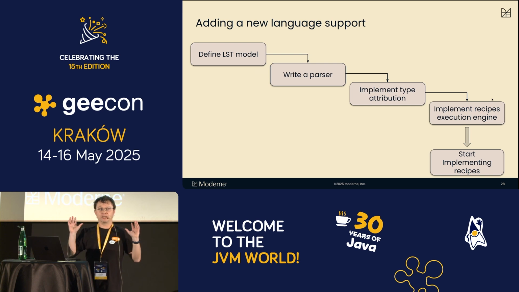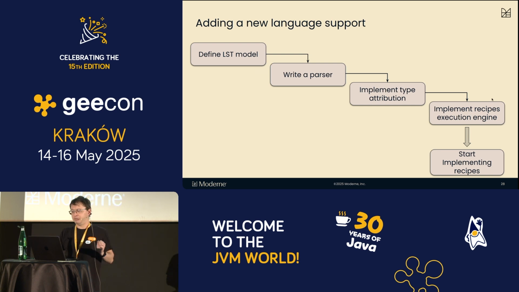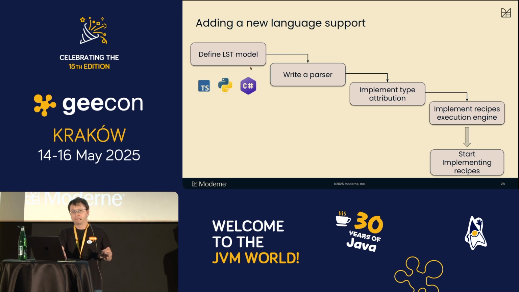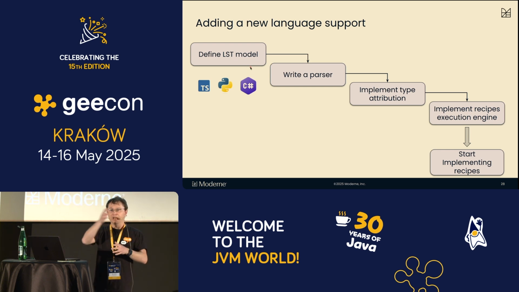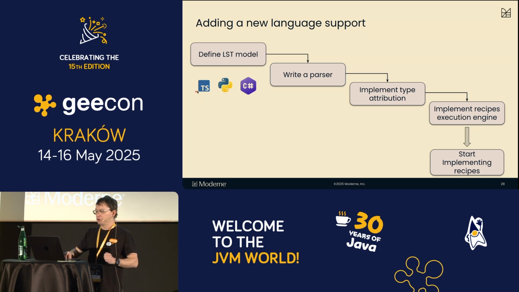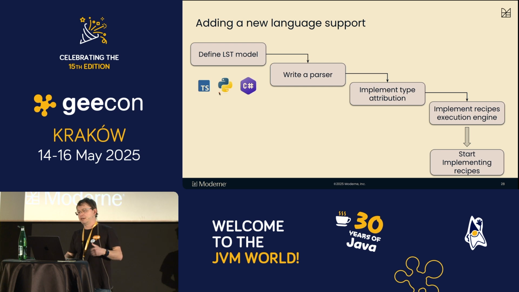For each of these languages, we should define on the first stage the LST model, so how this language's syntax can be converted to the LST tree representation. For TypeScript, Python, and C#, we have already defined this model.